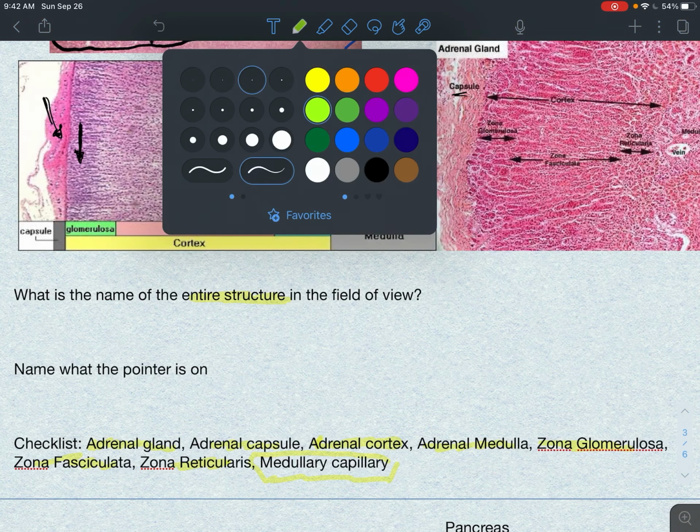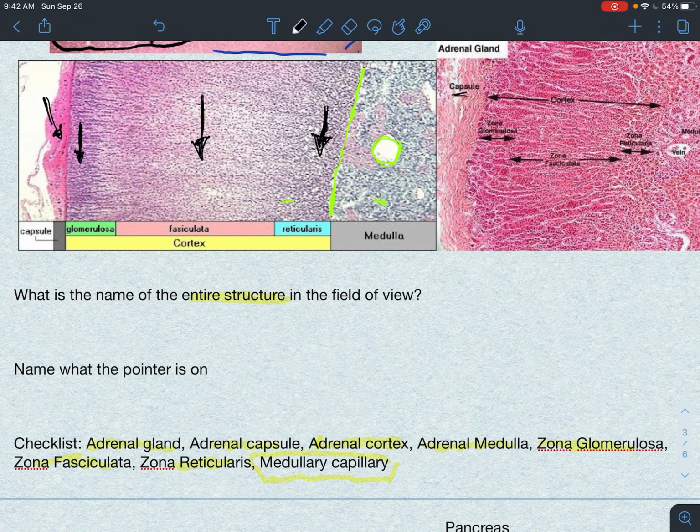So then let's go back to our practice quiz. So this is the zona reticularis. Very good. If I put the pointer in here, then I would be asking you for the adrenal medulla.